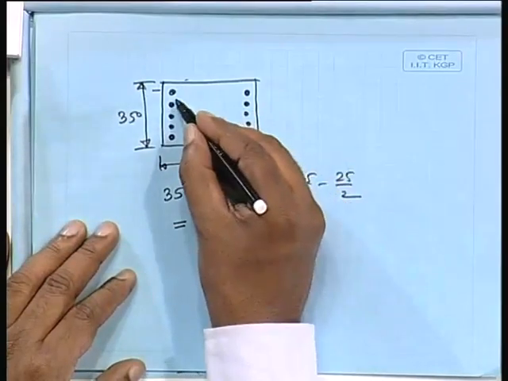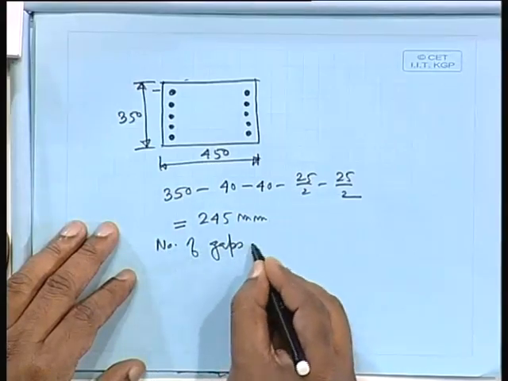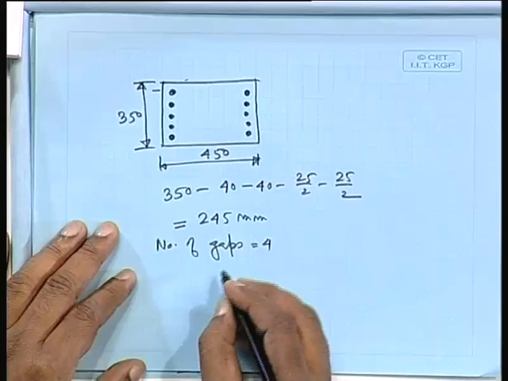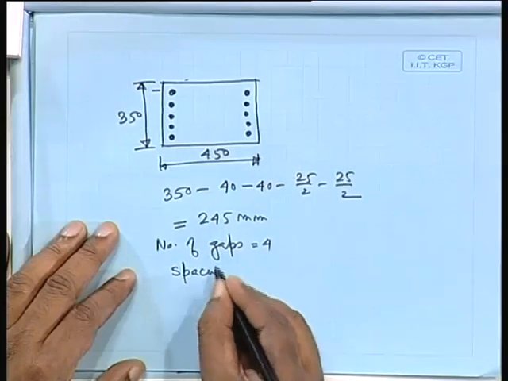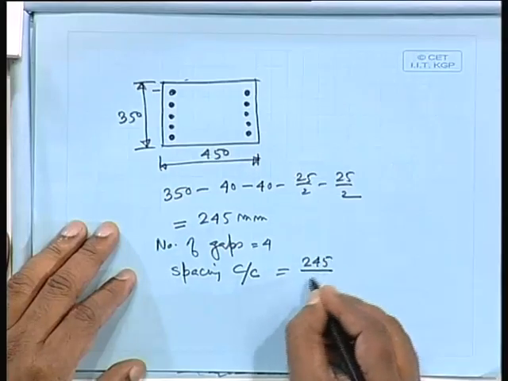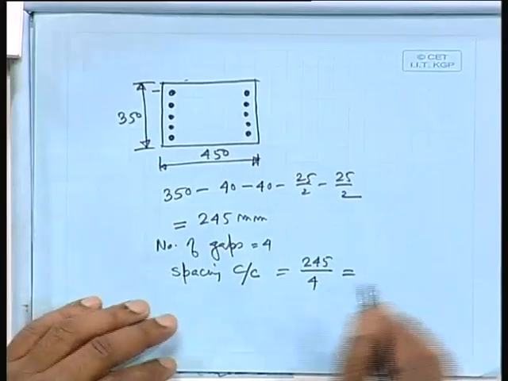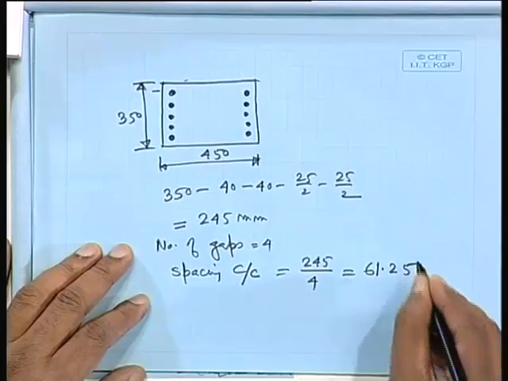How many gaps, number of gaps? 4. So spacing center to center, 245 by 4, so 61.25.